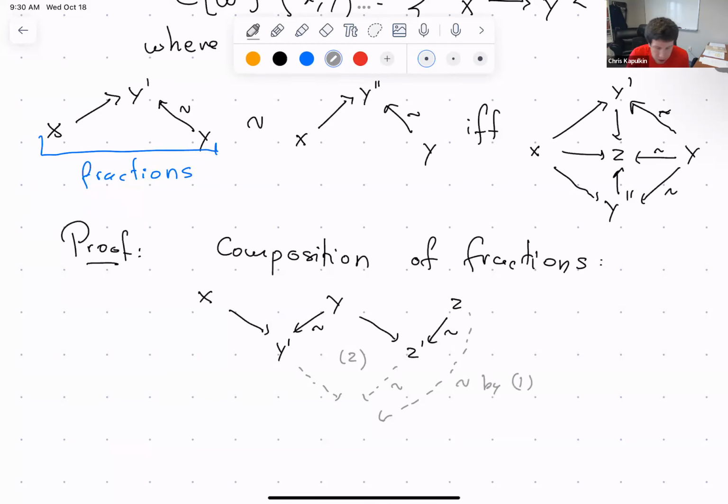And then I still need to show a bunch of things, and that's where condition 3 will be used, where I need to show that this is a category and so on. But this is the main idea, that I can essentially compose fractions, and they remain fractions using these two things.